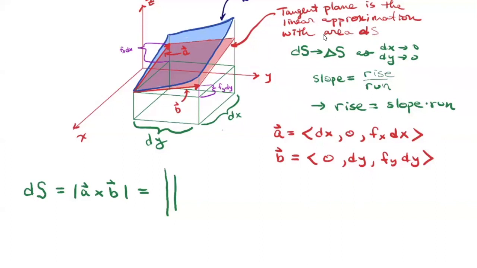The second row will have dx, 0, and fx dx. Then the third row will have 0, dy, fy dy. I always save the i, j, k for last, so i, j, and k in the first row. Again, a determinant and then the magnitude.